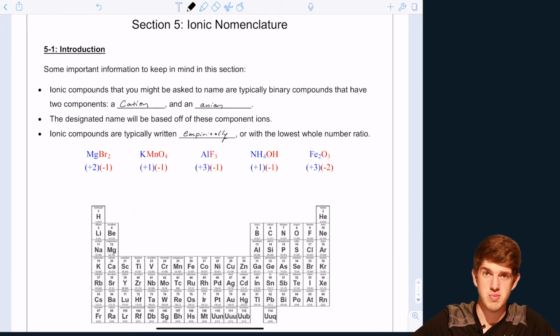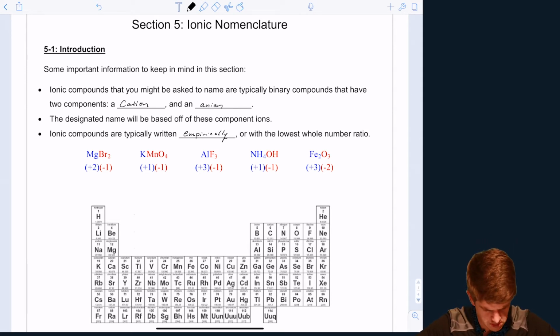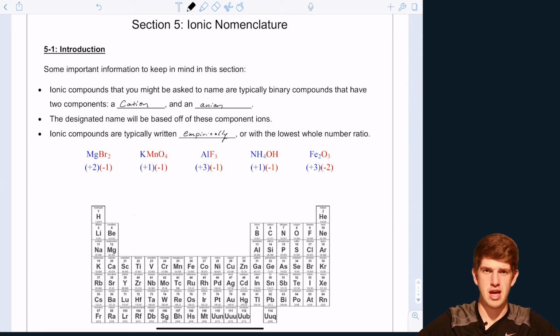We really don't need to go too much into it, but the one thing we should mention is that when we talk about ionic compounds and how to name them, a lot of times we could just be given the name and asked what the structure looks like. So if I'm given magnesium bromide, if I just heard it, I would automatically think MgBr. But I have to remember the charges.